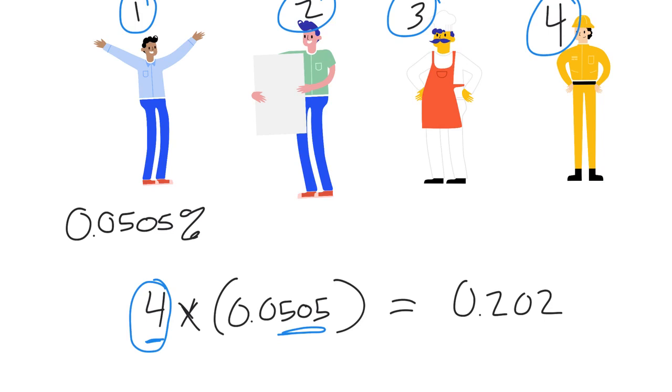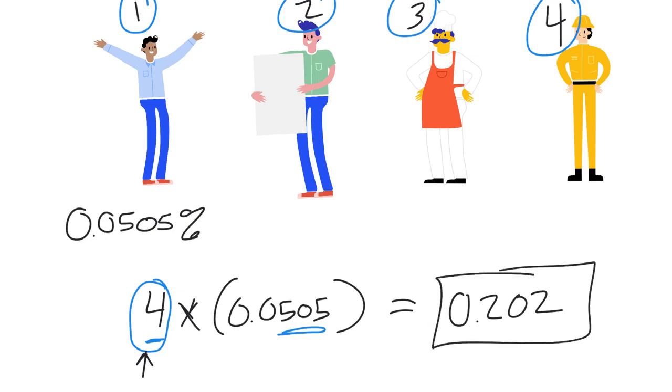We do not have to round to that number, because we know how many people there are to an infinite precision, is what we call it. Because we have no doubts that there is 4 people here. There is in no case 4.01 people here. There is exactly 4. And so we would report this number as 0.202, because our 4 here does not count for any significant figures, because it is an exact number and it is counted. And so this is how we would report that percentage.